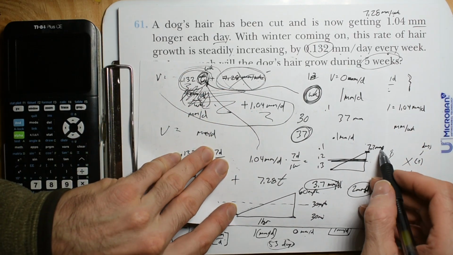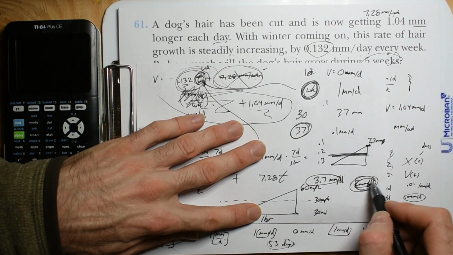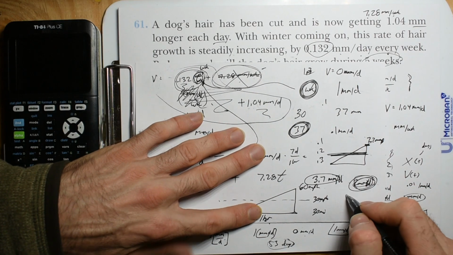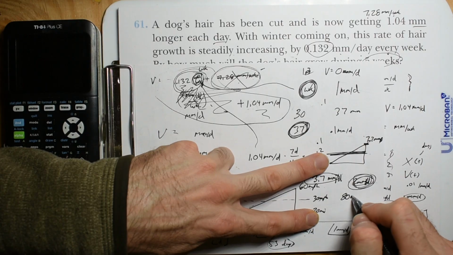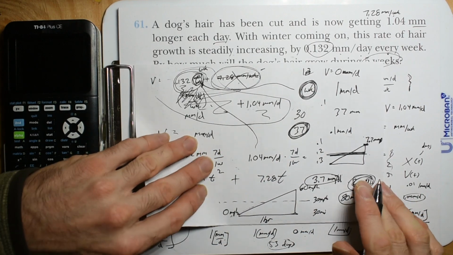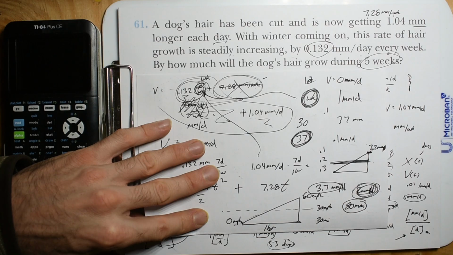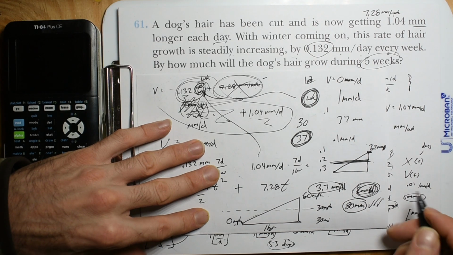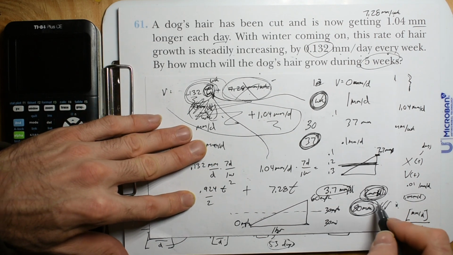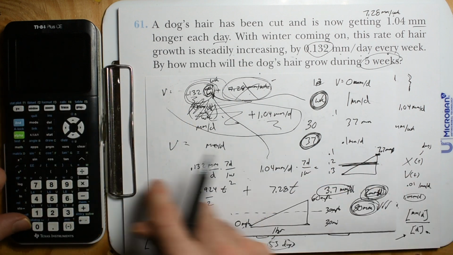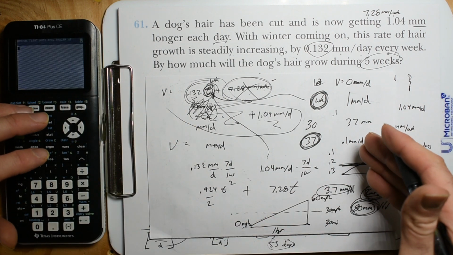So in this case, I'm going to have a velocity of 2 millimeters per day for 40 days, and looks like my hair is going to grow 80 millimeters. I don't know why that number kind of ran away, but that's one way to do it.